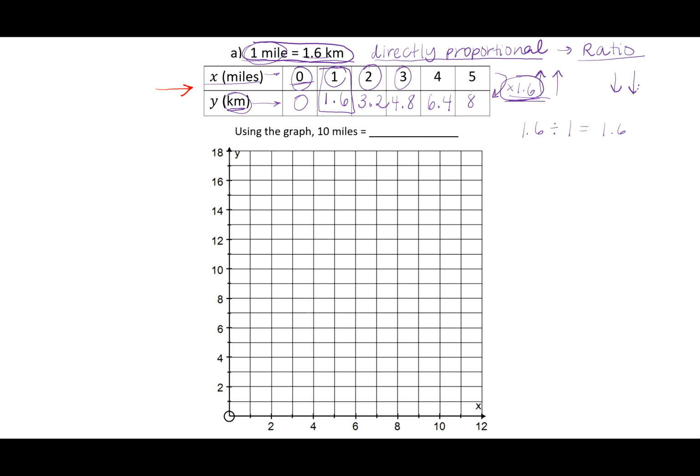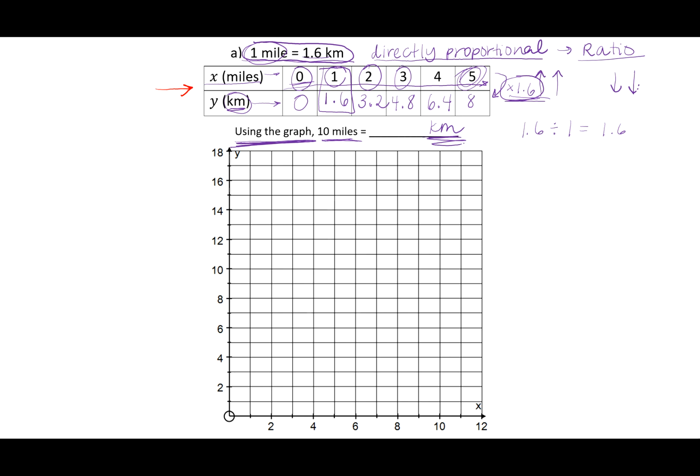All right, what we're asked to find, it says using the graph, so we're going to plot some values on the graph. They're asking us to find what 10 miles would represent. Really, they're asking us for the value in kilometers. But notice the highest miles value in our table is only 5. So we're going to have to use our graph and extend this out past 5 to help us find this missing number.